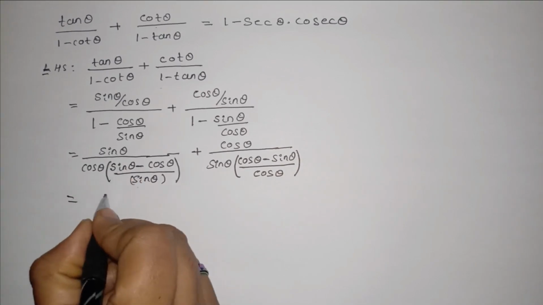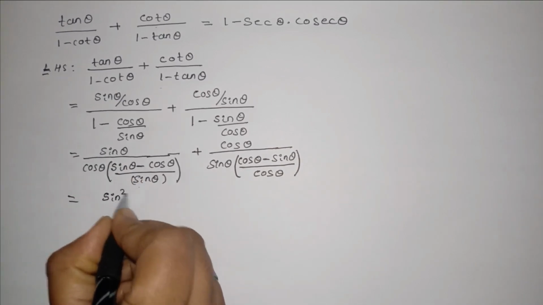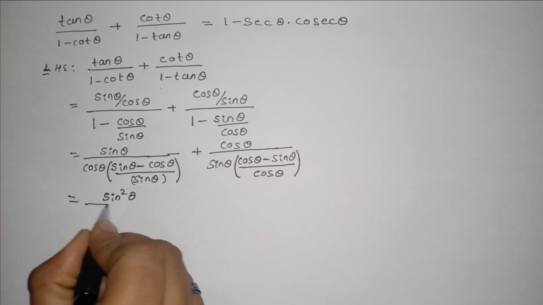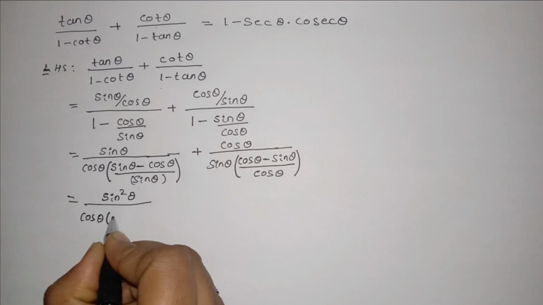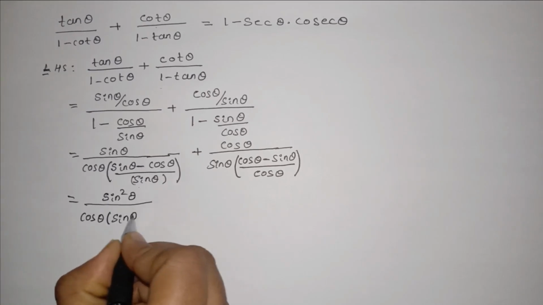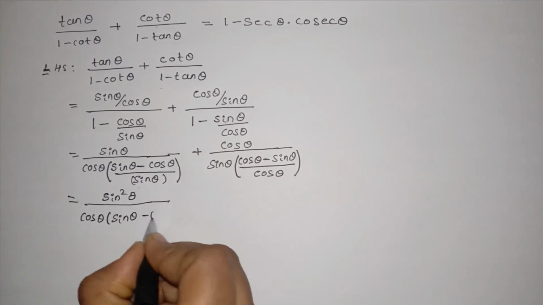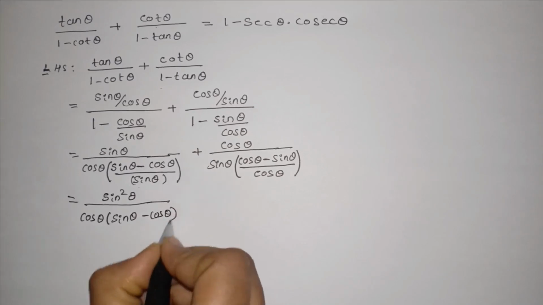So sin into sin becomes sin square theta divided by cos theta into bracket sin theta minus cos theta.